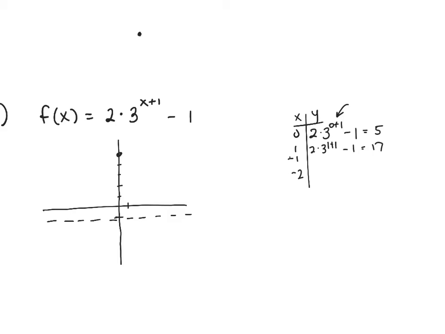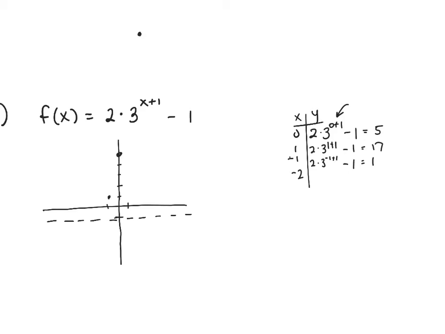Now for negative 1, we're going to have 2 times 3 to the negative 1 plus 1, minus 1. So negative 1 plus 1 is 0. 3 to the 0 power is 1. 1 times 2 is 2. 2 minus 1 is 1. So (-1, 1).